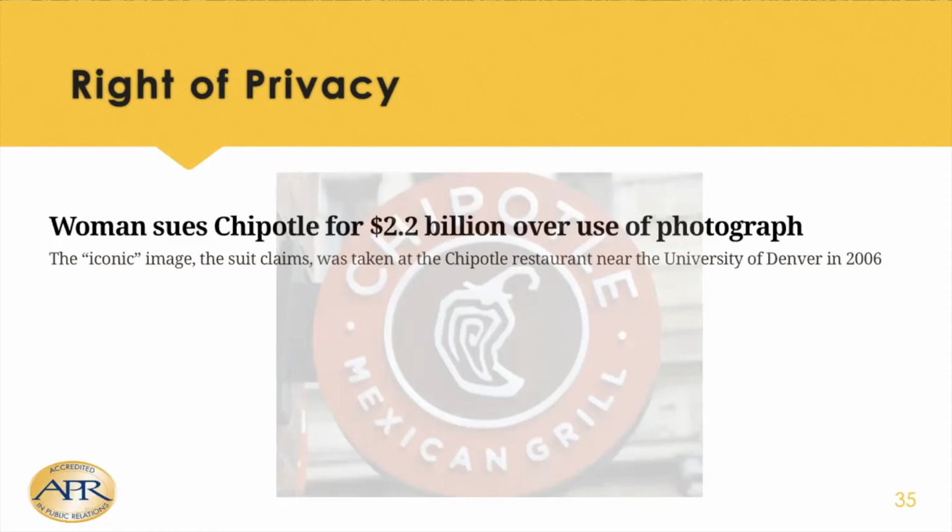Real quickly, I'll give you one example of privacy. Maybe some of you heard about this a few years ago. I believe it was in 2017. There was a woman who sued Chipotle for $2.2 billion because a photographer had taken her photo in 2006 at a Chipotle in Denver, Colorado.